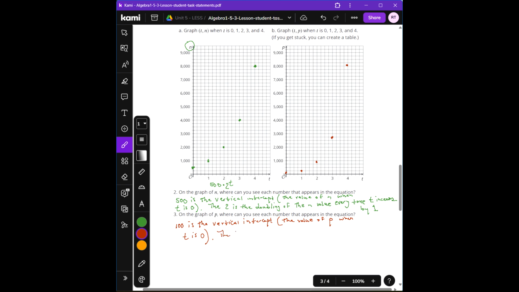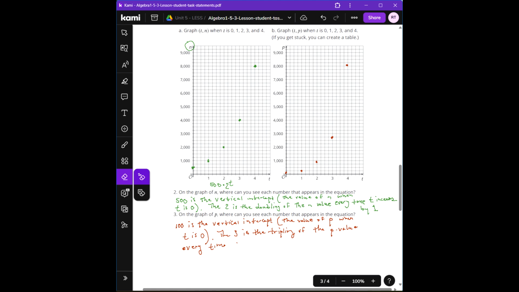The 3 is the tripling of the p-value every time t increases by 1.